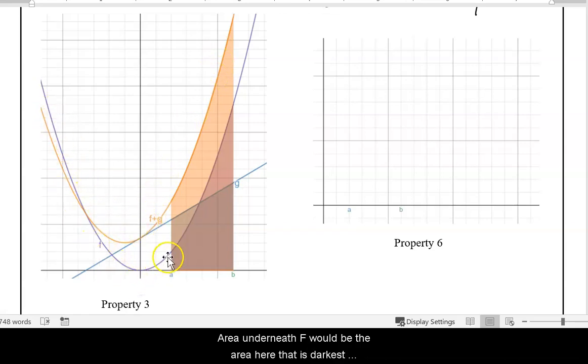The area underneath f would be the area here that is darkest, but also includes this area here between x equal a and x equal b. The area underneath g would be this region here, which looks like a trapezoid. The area under the combined functions would be all of this space here underneath the entire orange part between x equal a and x equal b.